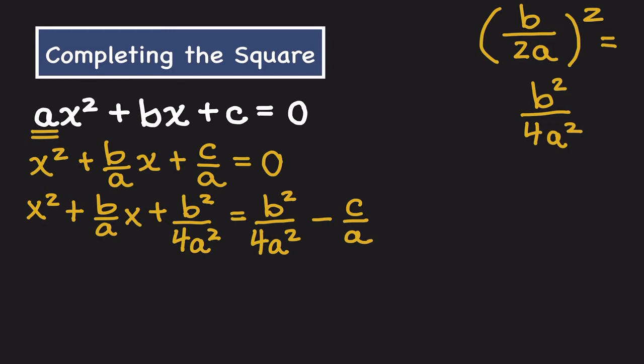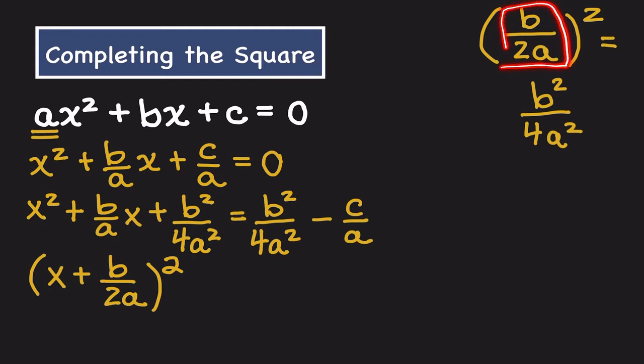Next step, the left is now a perfect square. We can turn it into this form, where it looks like x plus b over 2a, and this whole thing will be squared. We figure that out from this step up here, that this would be our k that we saw on the previous slide. So that's what we have on the left now. On the right, we're going to do some combining here.